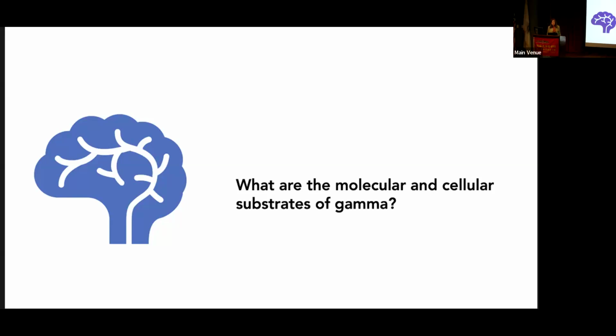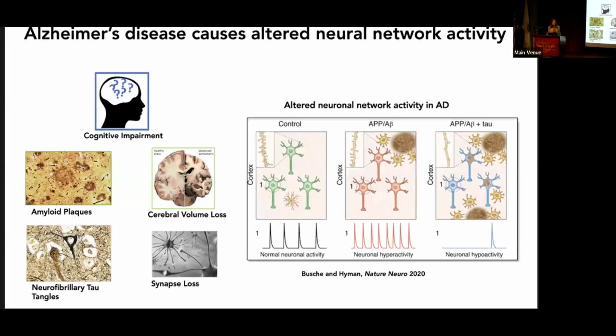We started asking these questions through working with Alzheimer's dementia, which my lab has been focusing on for the last couple of decades. We know that Alzheimer's disease is pervasive and devastating. It not only affects cognitive function, but also creates a huge burden for caregivers and family members.